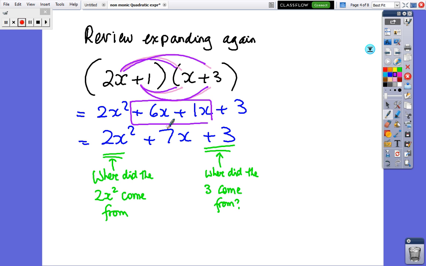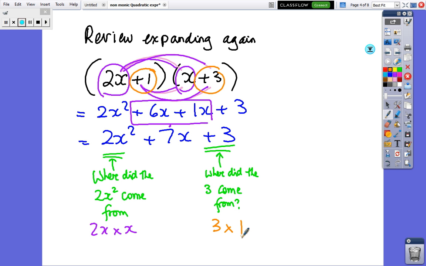Okay, so where did the 2x squared come from? The 2x squared comes from 2x times x. So that's the first number in each of the brackets. And where did the 3 come from? Well, 3 came from 1 times 3.